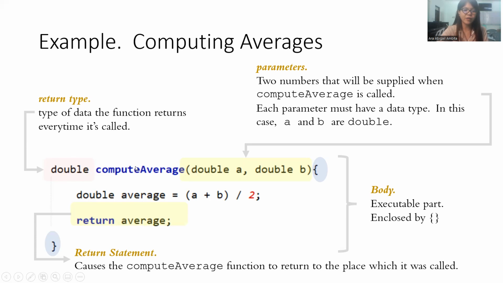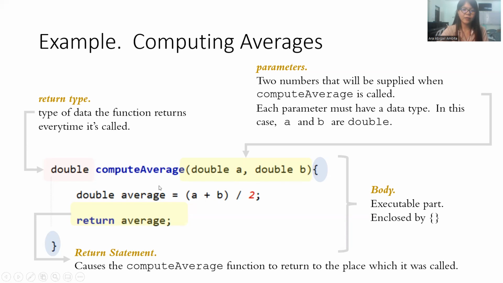You have a compute average function with a return type as well as parameters. What you have specified is that we need two double values. We have the variables A and B, which refer to the double values that we need to take the average for.